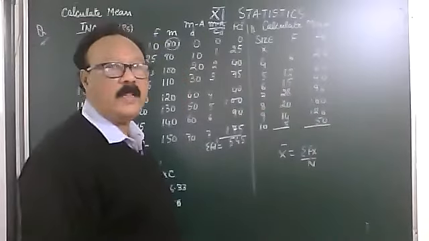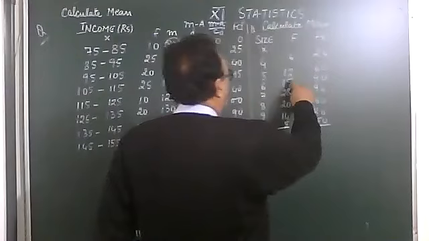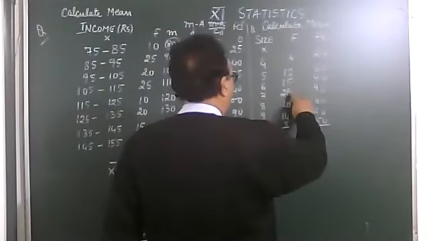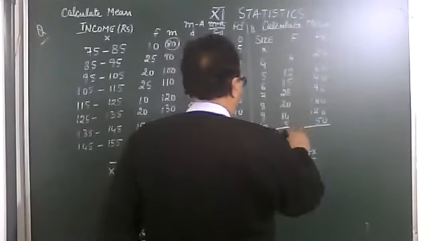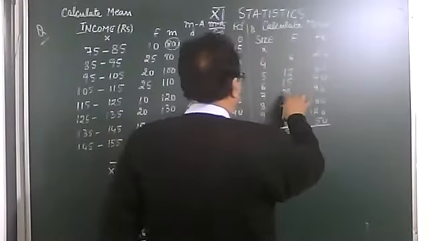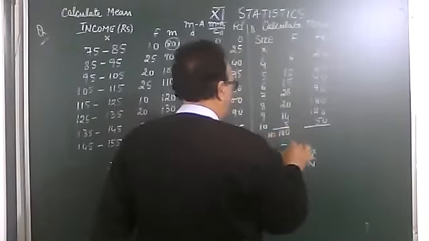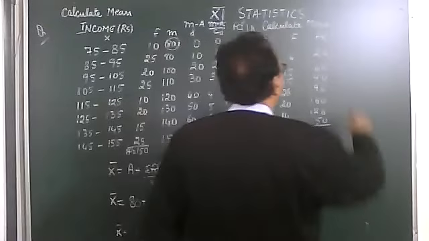Okay, add them up to get the total of f. So N is equal to 100, or sigma f is equal to 100.